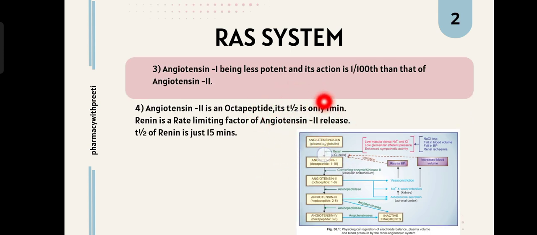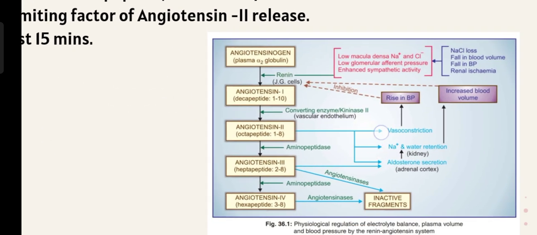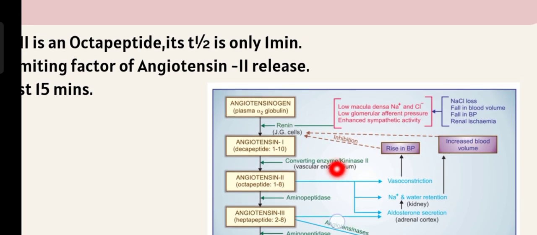However, its potency is 1 by 100 times less than that of angiotensin 2. Angiotensin 1 gets further converted into angiotensin 2 by an enzyme called ACE, that is angiotensin converting enzyme, commonly found in the vascular endothelium of the lungs.